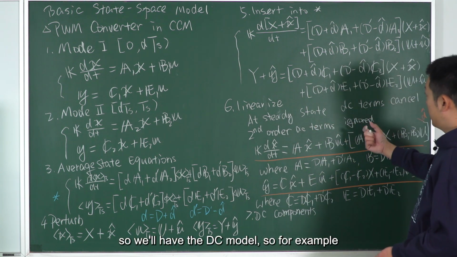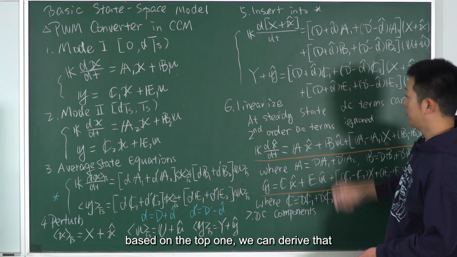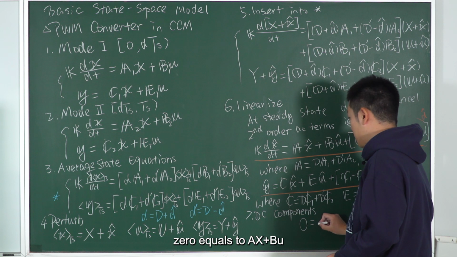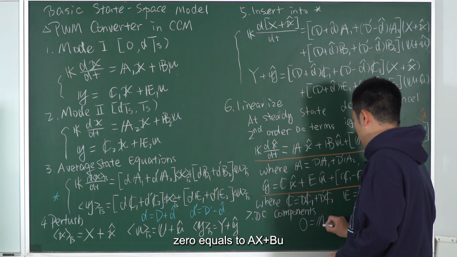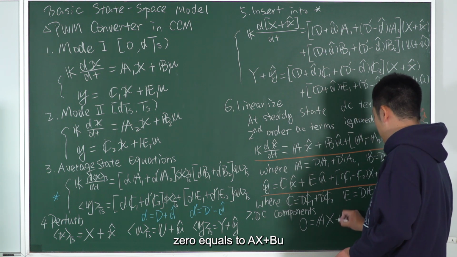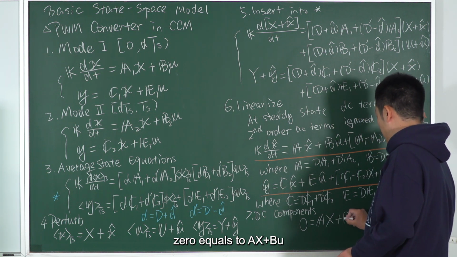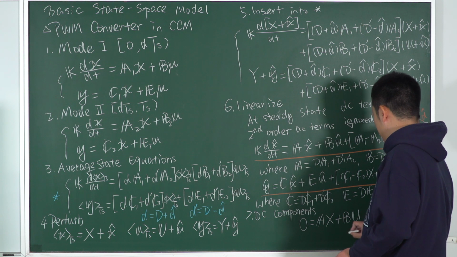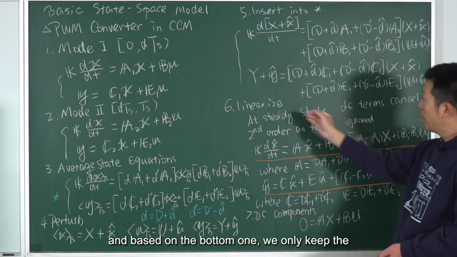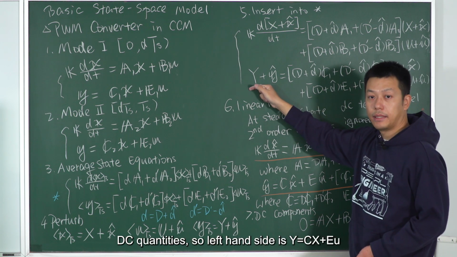So for example, based on the top one, we can derive that 0 equals to a x plus b u.